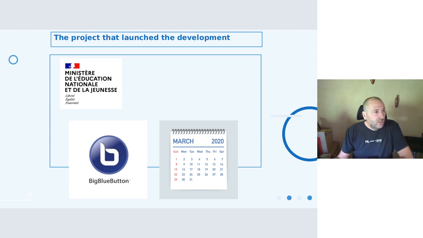So let me now present the project that launched the development of Divim-S. The French Ministry of Education, it's called Ministère de l'Éducation nationale et de la jeunesse. It's France's largest employer. It contacted Arawa in March 2020 when working from home became very fashionable. I think it rings a bell.